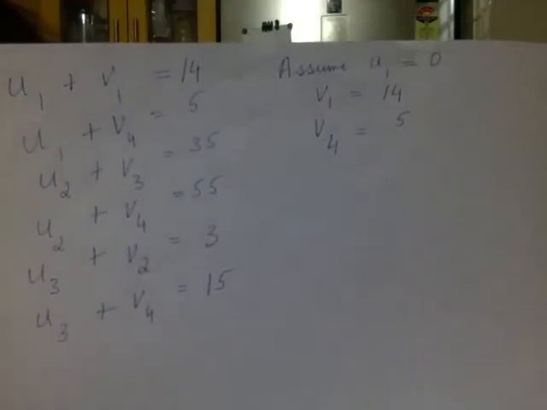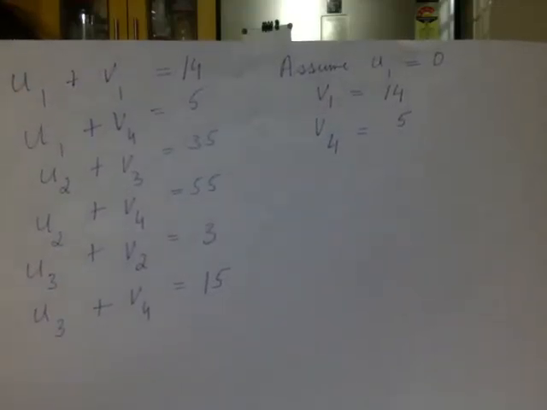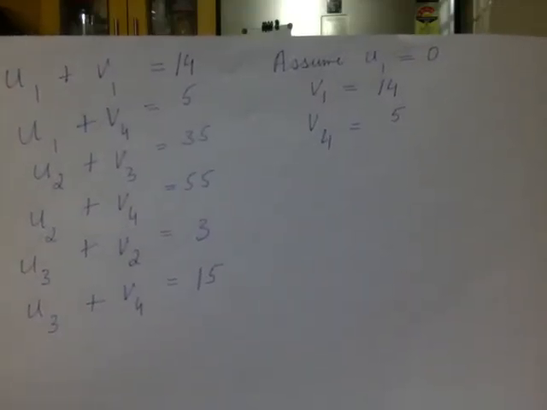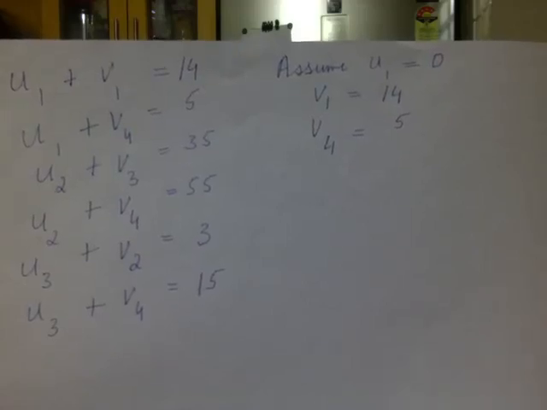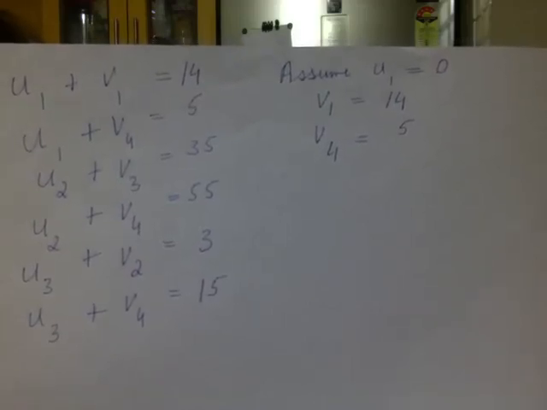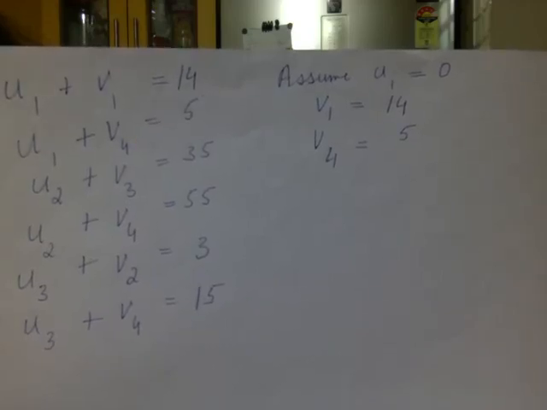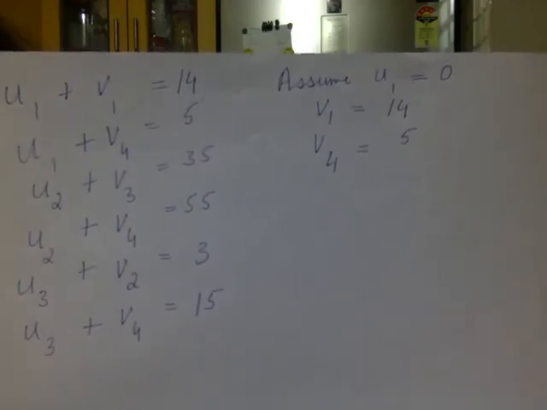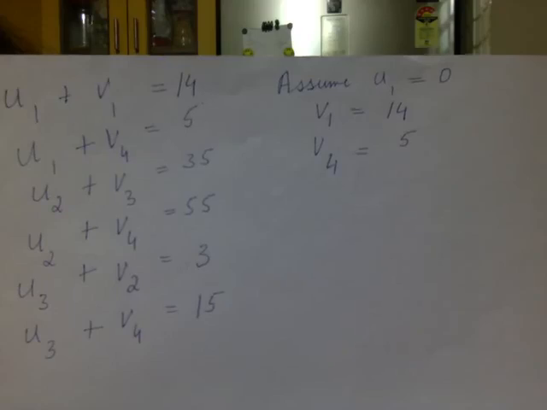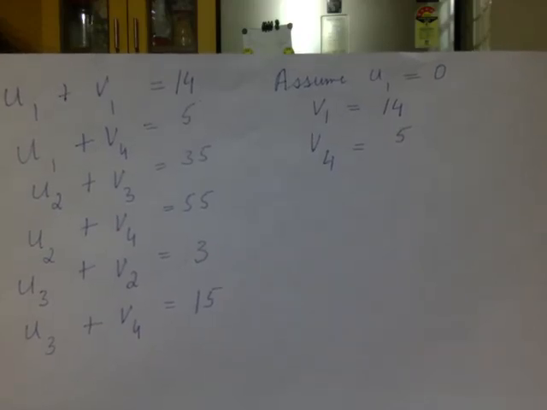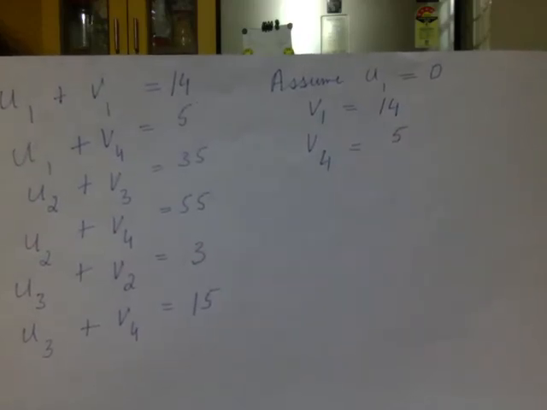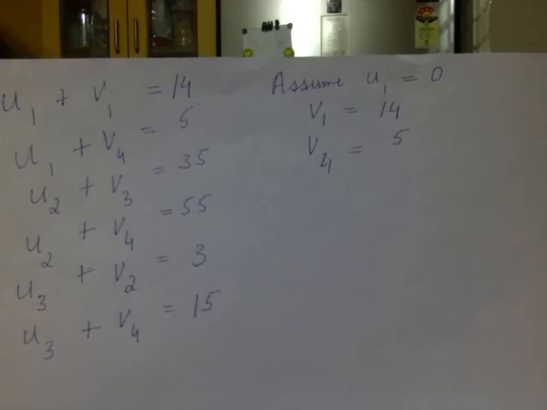Alright. Now we will go for the next equation. U2 plus V3. We now know U1, V1 and V4, but we do not know U2, nor do we know V3. So we go to the next equation. We know V4, so we'll go for the fourth equation.